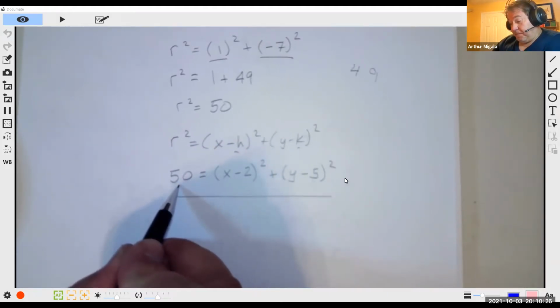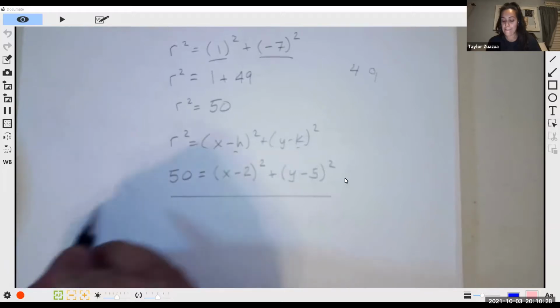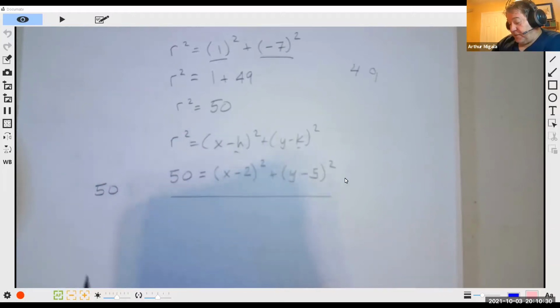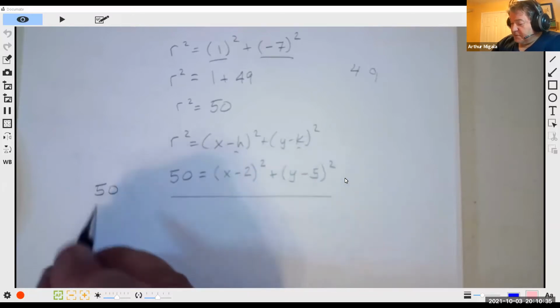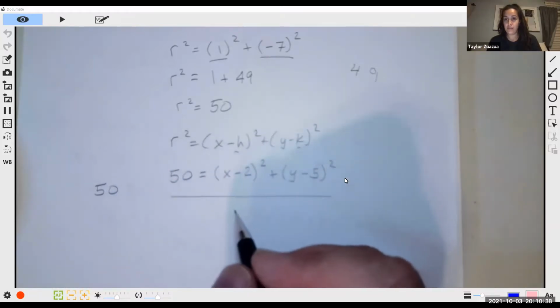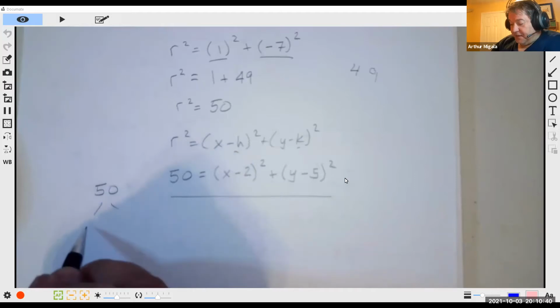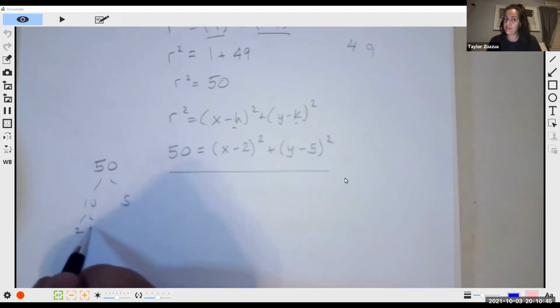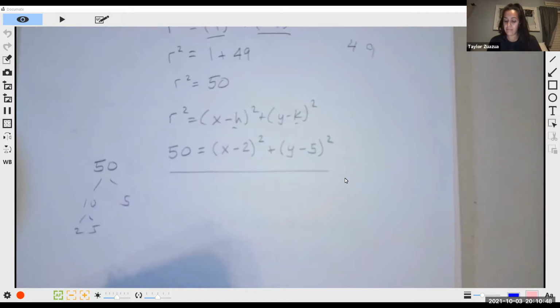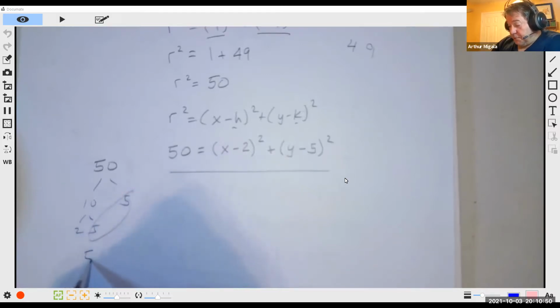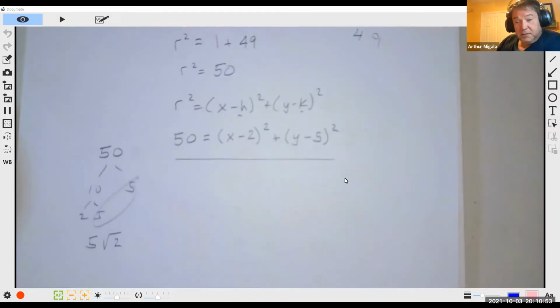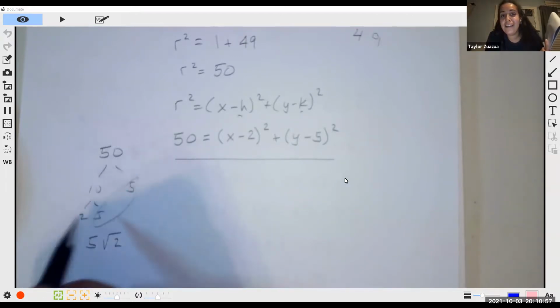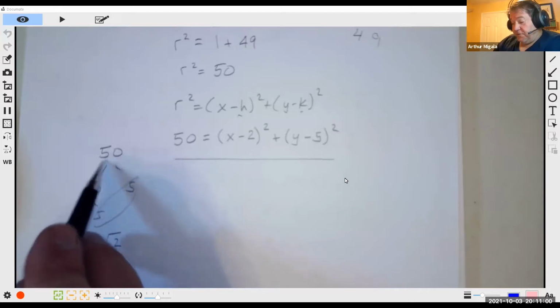Now let's look at 50. That's as far as we can go, really. But if we were going to square root both sides, 50 could be simplified to 10 times 5. 10 is 2 times 5, so 50 is 10 times 5.